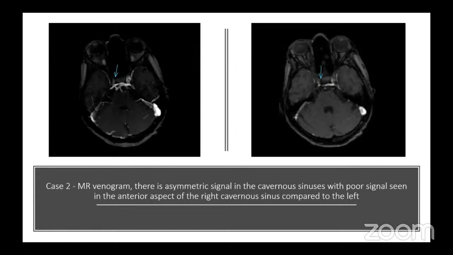There was minimal pus in the posterolateral part of the sphenoid area where there was the bony dehiscence, and that pus was sent for culture and sensitivity. The sphenoid sinus mucosa was very edematous. That was sent for histopathology. She was treated as cavernous sinus thrombosis with anticoagulation and antibiotics.